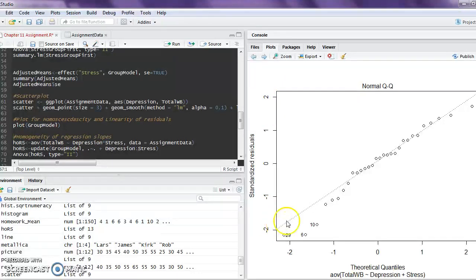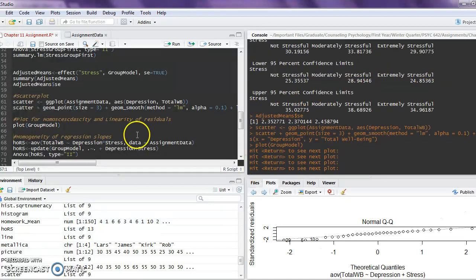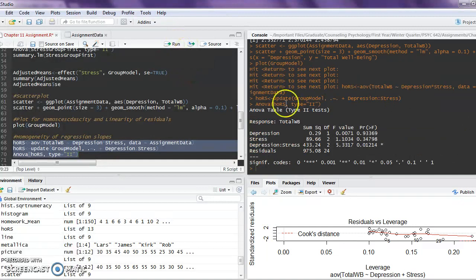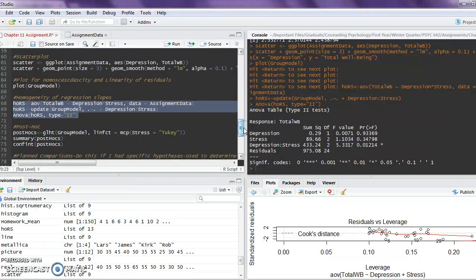With linearity, we could see that this is obviously not linear. Most of our scores are actually off the line. So as far as linearity is concerned, no, we're not linear at all. So now homogeneity of regression slopes. I'm going to run this, and this is essentially testing, or just checking, that the relationship between your covariate and your outcome variable is the same within the groups.